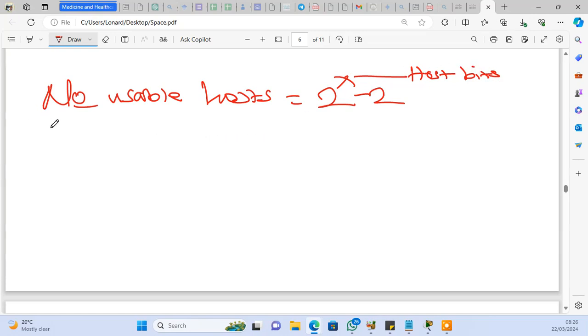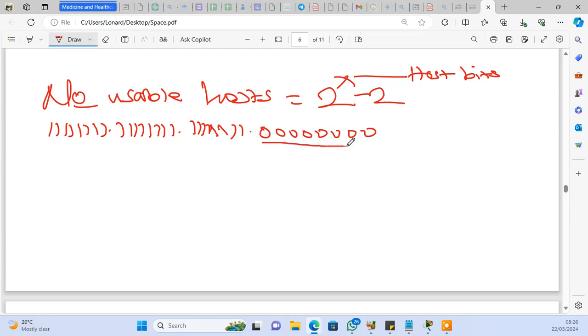And in our subnet mask, this is what we had: 1, 2, 3, 4, 5, 6, 7, 8 for each network octet, then the last octet. So the host bits here, we are going to consider all these zeros. These are the host bits.